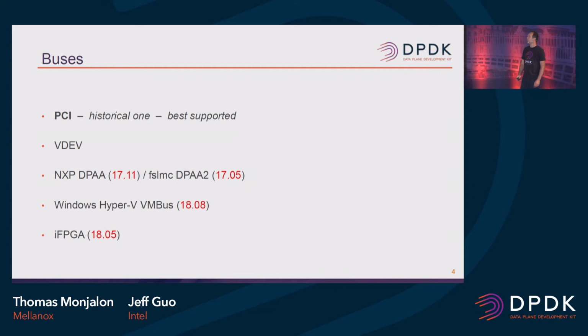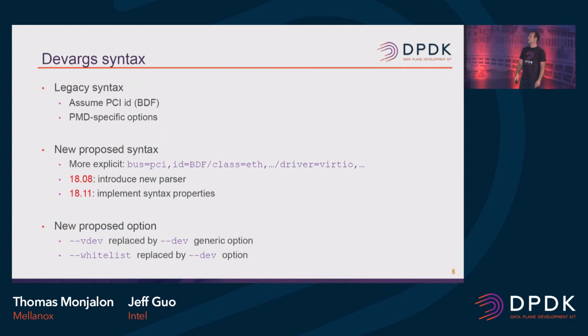So buses, now we have a lot of buses. As you can see, historically, we had only PCI. Now we have more. And because of that, and also for other reasons, we need to extend the syntax to describe the bus and the devices. Because before, we had only a syntax to describe a device by its PCI ID.